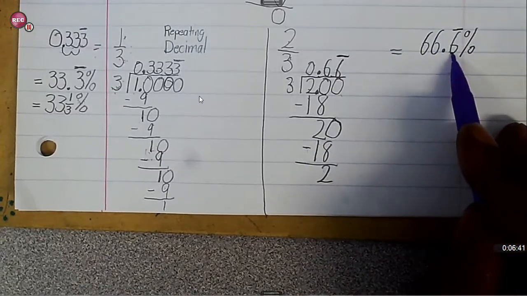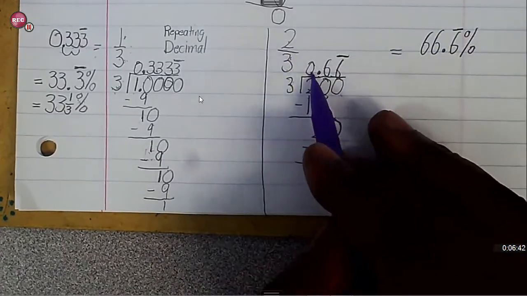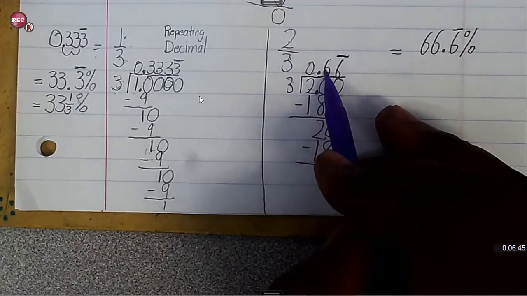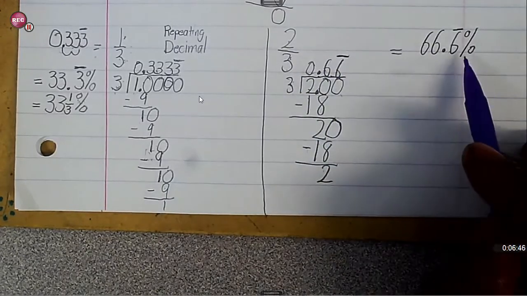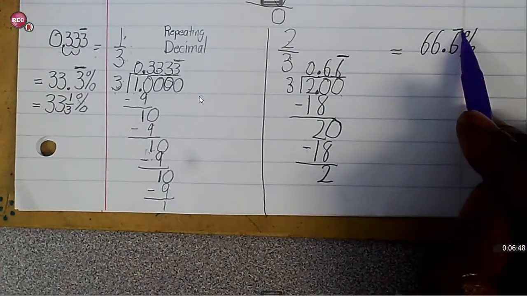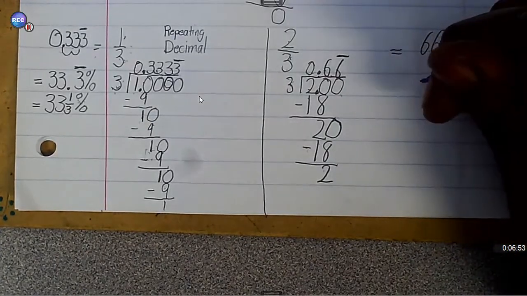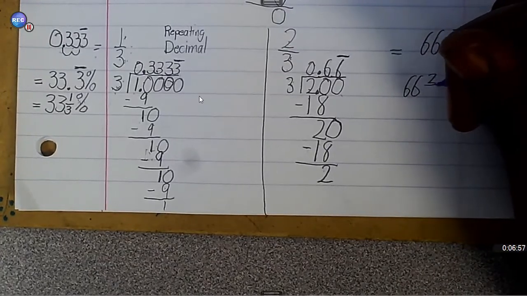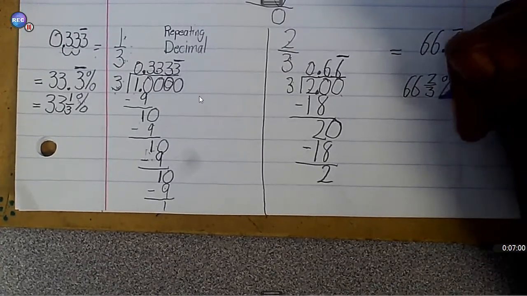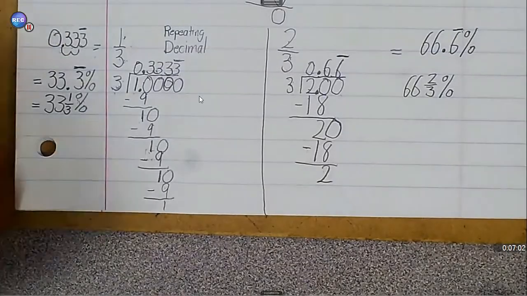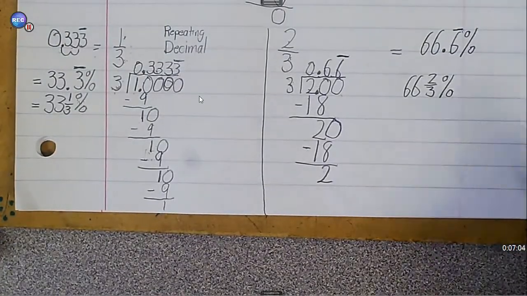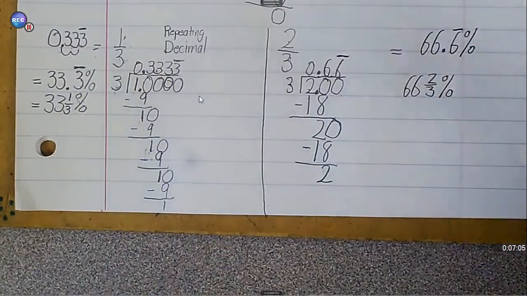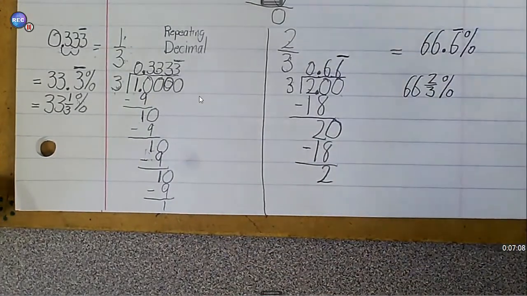But also, we should know that this 0.66 with the line representing a repeating decimal is going to continue. So we can also write this with a fraction, 66 2/3%. All right. So now, this is how we relate fractions to decimals to percent.